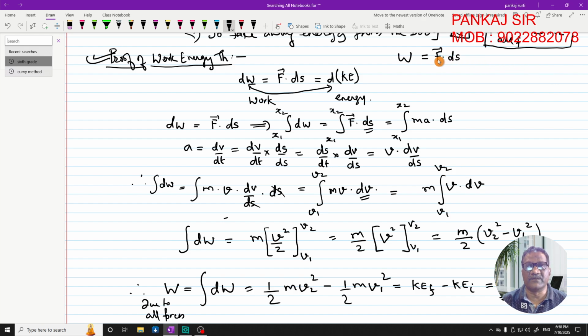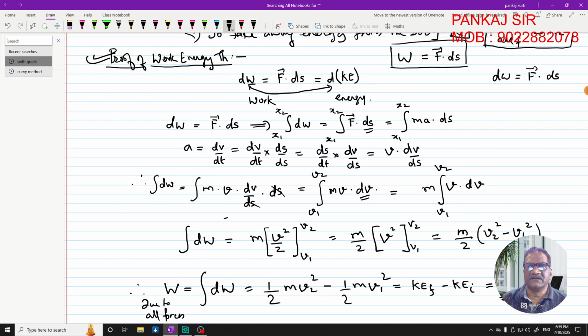So this is a variable force. A constant force is a kind of variable force, so let us take the derivation for the variable force itself. When there is a variable force acting on a body, work done will be equal to F dot ds. This is the formula. Now let us take this general formula: dW, that is the small work done, is equal to F, that is the force, times small ds.